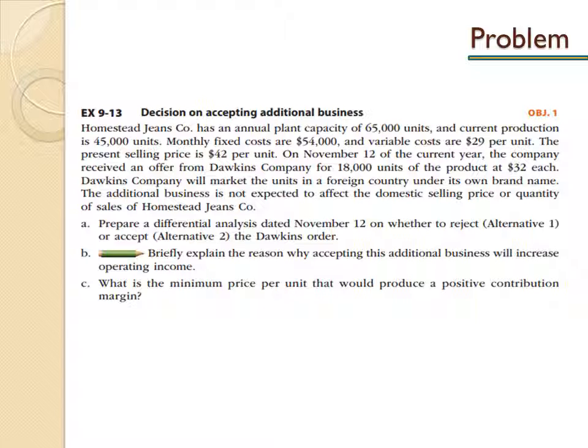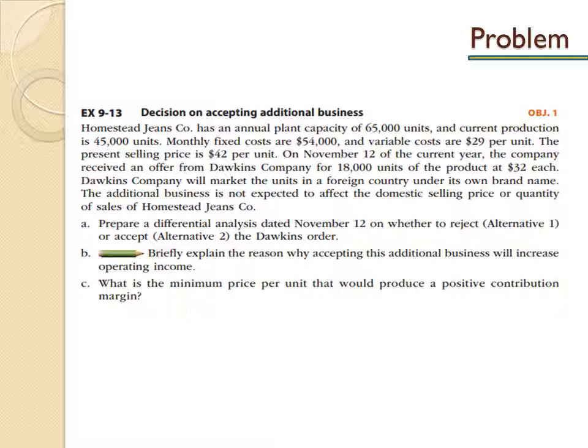So we are tasked to prepare a differential analysis dated November 12 on whether to reject or accept the Dawkins order. And we are tasked to briefly explain the reason why accepting this additional business will increase operating income and what is the minimum price per unit that would produce a positive contribution margin. So this is based from the previous lessons.